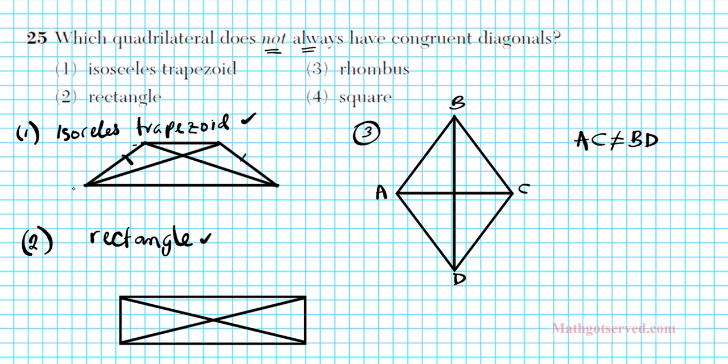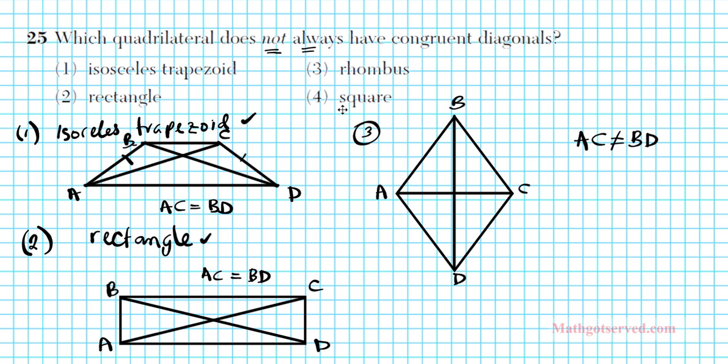In this case, A, B, C, D, the diagonal AC is equal to BD. That's why it passed the test, right? And in this case, A, B, C, D, this one also, AC is equal to BD.